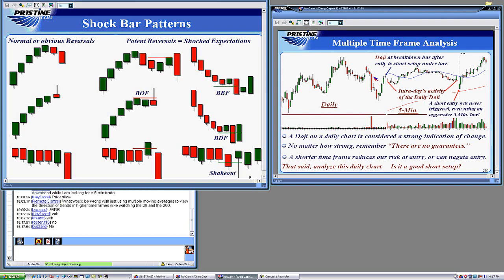Look at what happened down there. So, and here's another example: wide range bar to the downside. Look at the volume. The volume exploded, which certainly is suggesting that it's going to go lower based on basic understanding of price and volume.